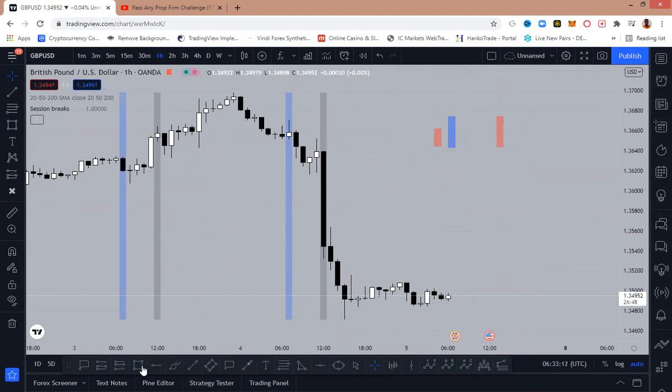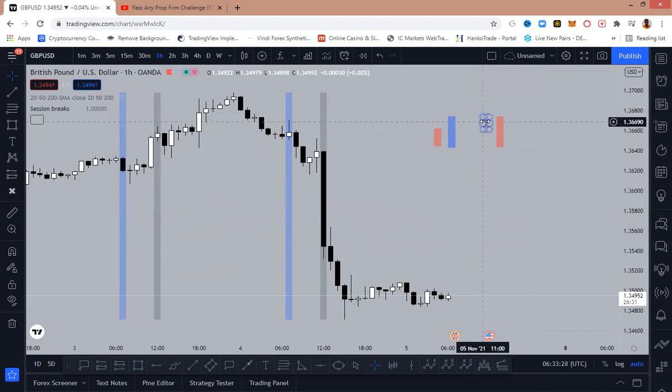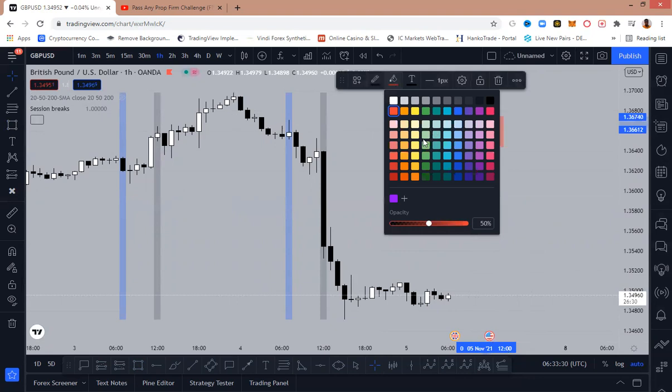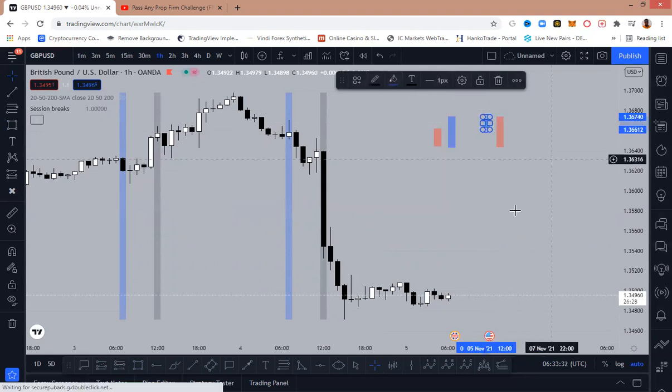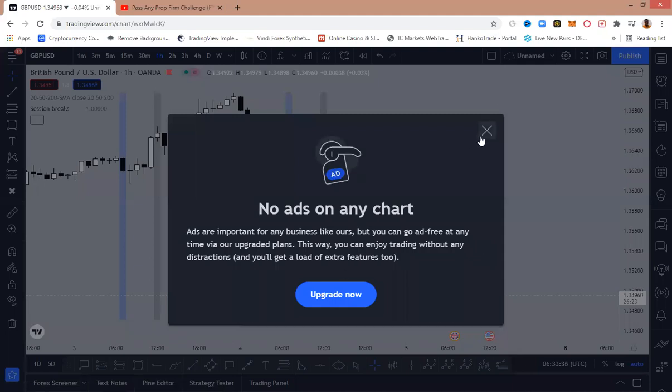This one I'll make blue. So essentially, these are the types of order blocks that we are all used to.